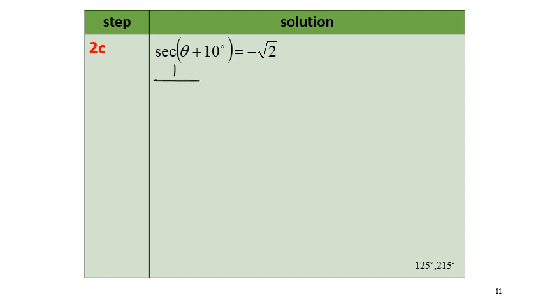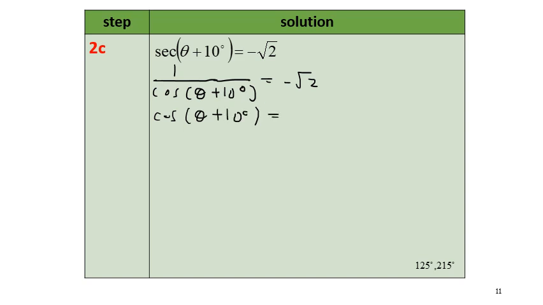Okay, next, sin theta plus 10 degrees equals negative sec 2. So again, we change into 1 over cos theta plus 10 degrees equals negative sec 2. And then rearrange: cos theta plus 10 degrees is negative 1 over sec 2.